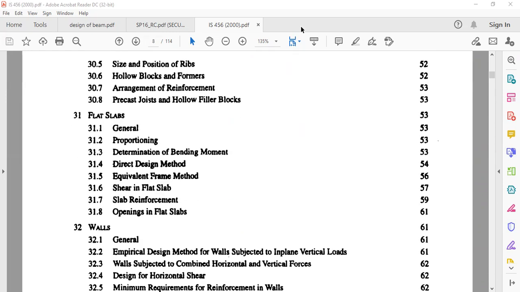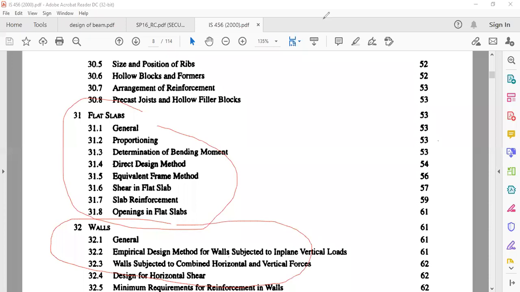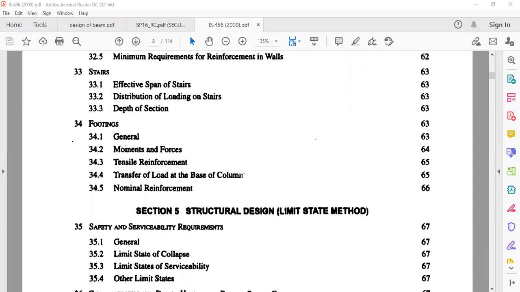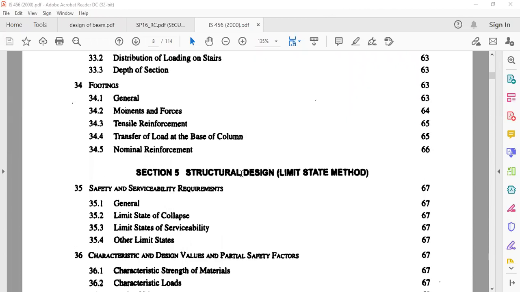Then apart from that, what about the flat slab and the details? Then walls, and footings. And this is Section 5, structural design, that is the limit state method.